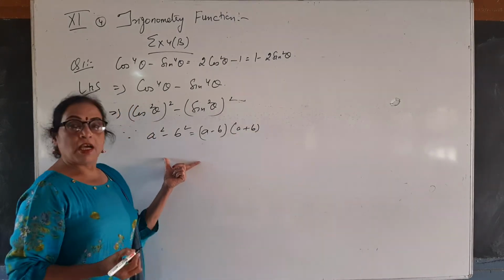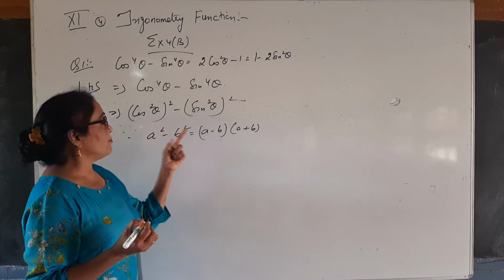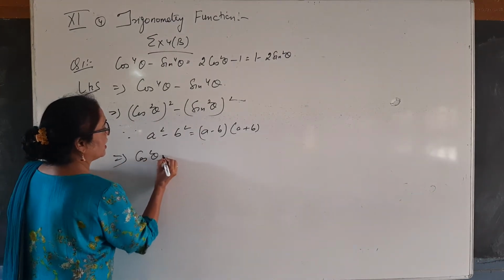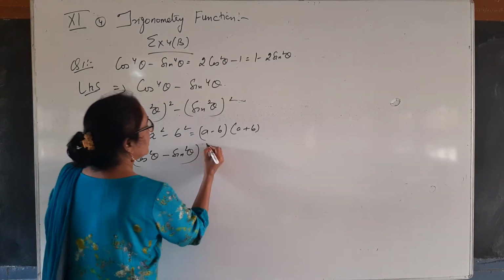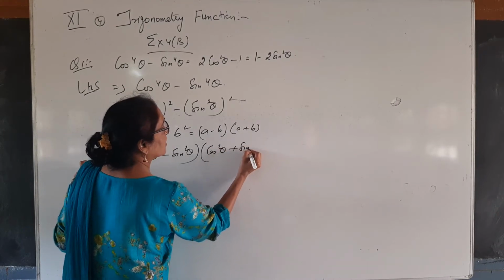We will use this. Our a is cos square theta, b is sin square theta. So we will get here cos square theta minus sin square theta into cos square theta plus sin square theta.